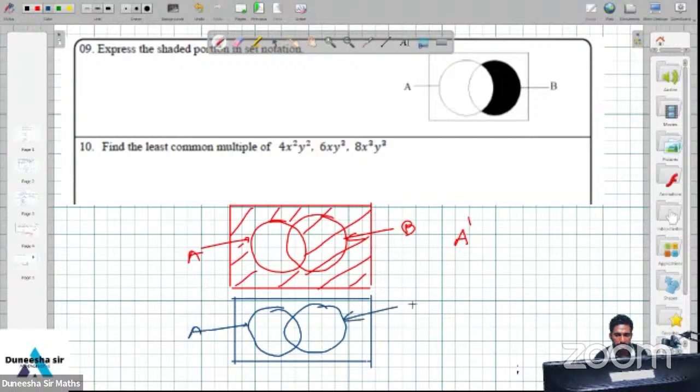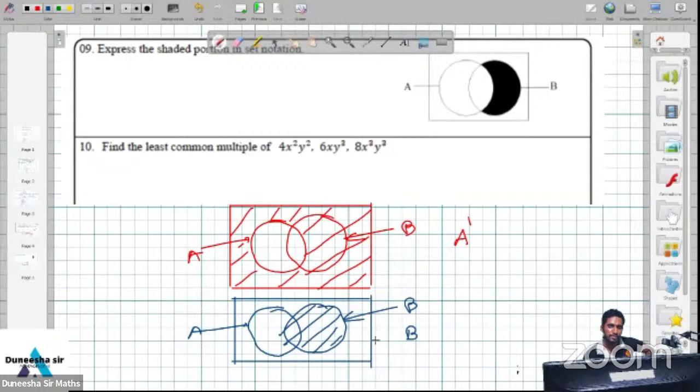A, this is B. Now I shaded in the blue one. What is the? මොකද්ද මම shade කරලා තියෙන්නේ? B කියන එක set එක නේද? Is it?